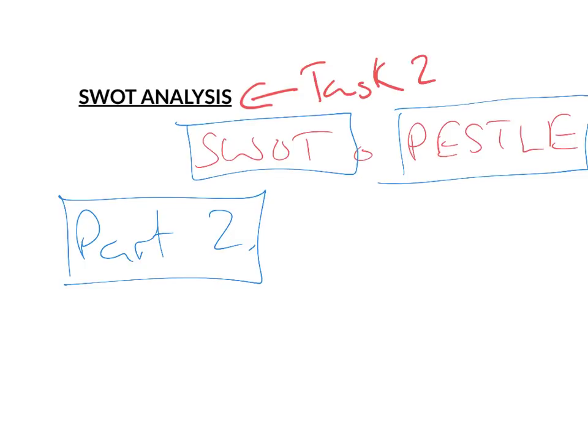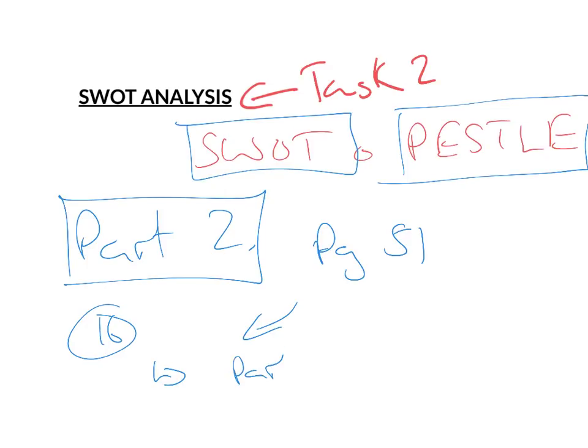Now, if you look at your revision guide that you've been given, it actually gives you on page 51 an example of a personal trainer who has a SWOT analysis done. So gain some ideas from that. What are the things that you need to do? Remember, it's worth 16 marks. You need to make sure that you have a clear understanding of each one and then apply it to the information that you are given in Part B.